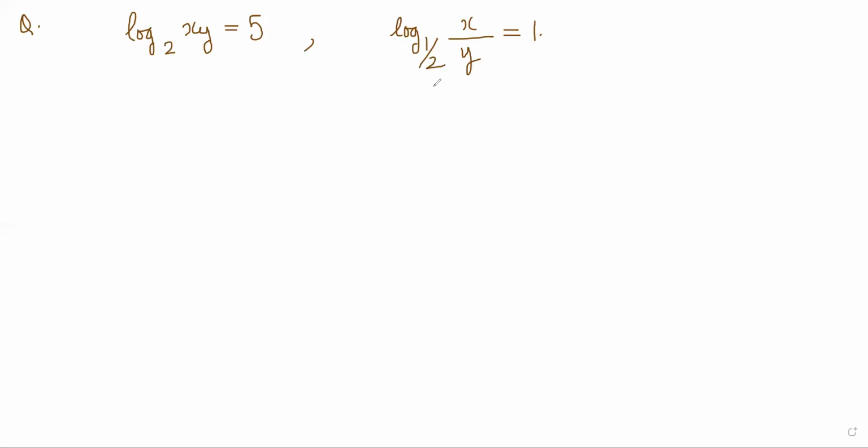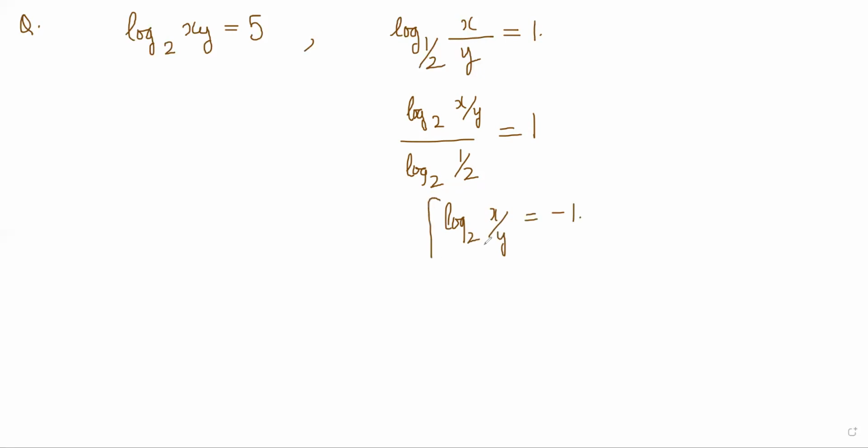So everything will be log 2. You can write it as log 2 x by y over log 2 half, which is -1. So you get log 2 x by y is equal to -1, right? So that means x by y is 1 by half.